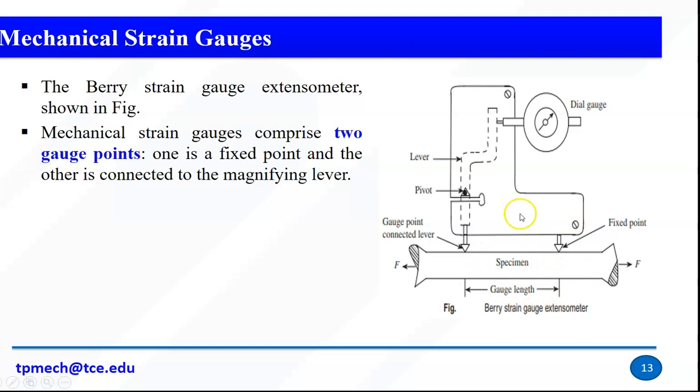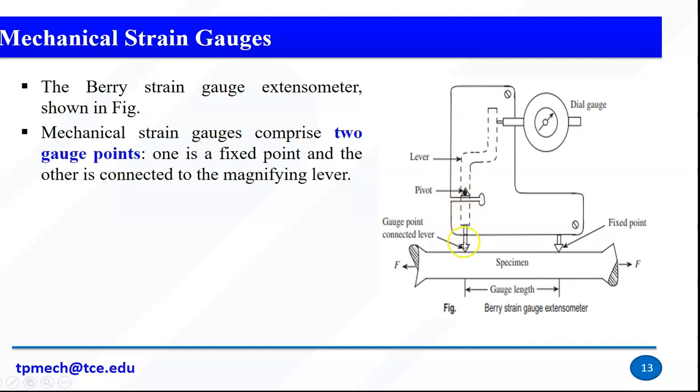The extensometer has a pivot and a lever. If this is the fixed point, the gauge point may deflect, may deform, or move up and down. For example, if the gauge point moves in the downward direction, then the lever also deflects.